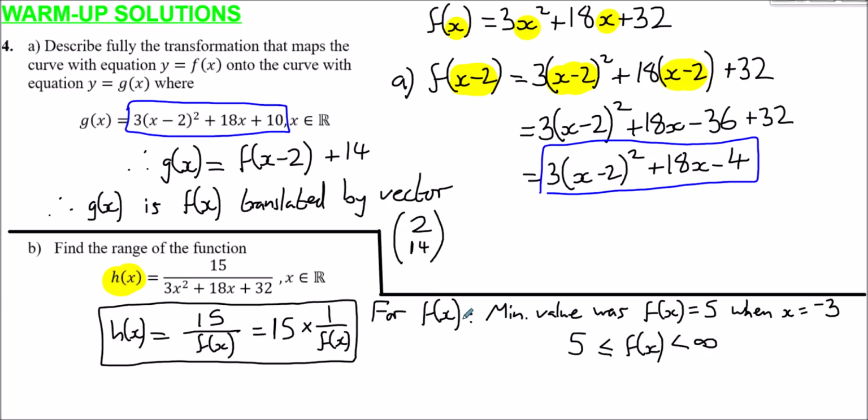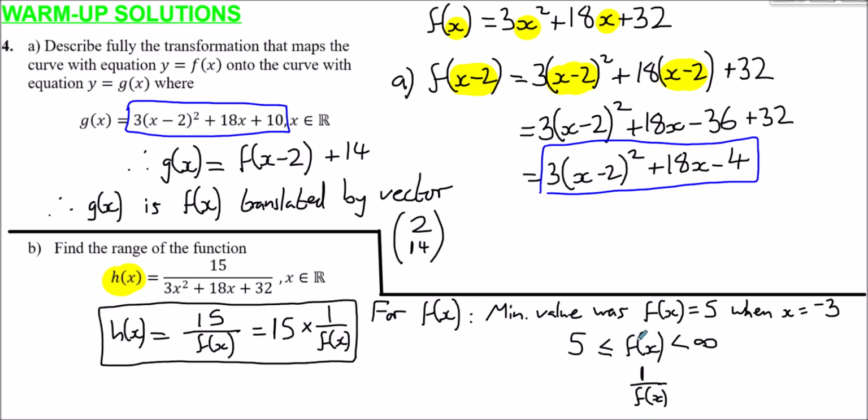Now, if we compare this to h of x, which is 15 over f of x, first of all what I'm going to do is think about 1 over f of x. We're going to build it so it's the same as h of x, so we can find the range of h of x instead. The minimum value of f of x will correspond to the maximum value of 1 over f of x.